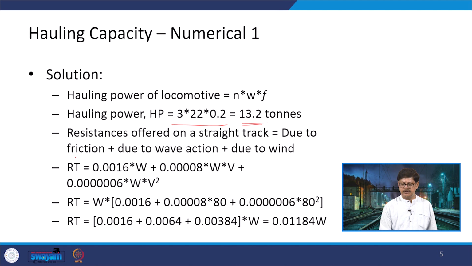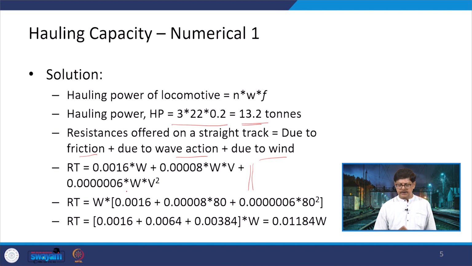That means we have resistance due to friction, due to wave action and due to wind, and the values are 0.0016 W plus 0.4 times 0.8 W V plus 6 times 0.6 W V square. This is one of the simpler formulas. Not many things are there because those are not given in your numerical.